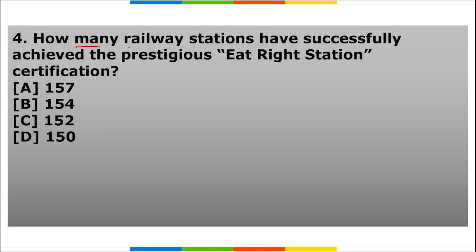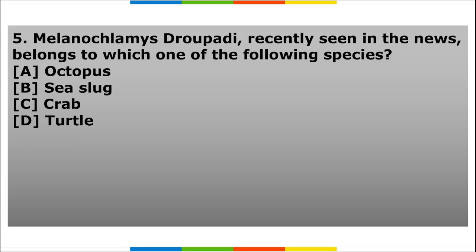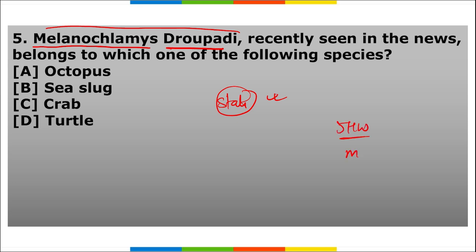Fourth, how many railway stations have successfully achieved the prestigious Eat Right Station certification? And fifth, Melancholy Draupadi. This was recently seen in the news. This is a new species of a what, right? Tell me the state also where this was discovered. So these are your 5 homework questions, and I need to see maximum participation from all the students.